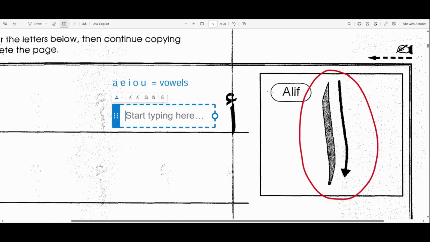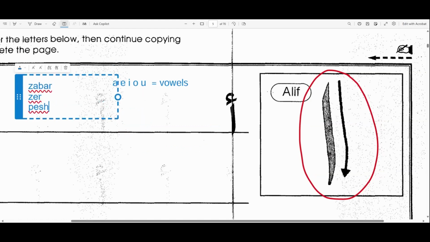Those of us from the Indian subcontinent who've learnt Arabic may have learnt the terms Zabar, Zer, and Pesh, which are Persian terms. The Arabic terms are Fatha, Kasra, and Dhamma.